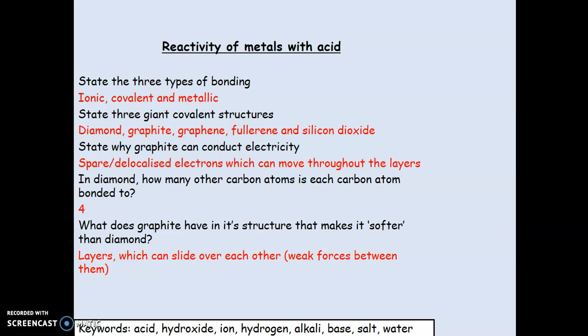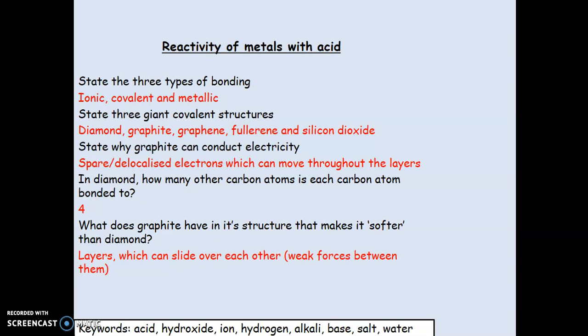And metallic, which is the bonding that takes place within a metallic structure, where the atoms lose their outer shell electrons to create what we call a sea of electrons within the structure. That creates positive ions, and it's the attraction between these negatively charged electrons moving through the structure and the positive ions that holds it together.